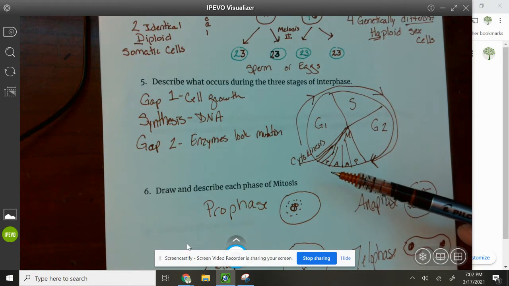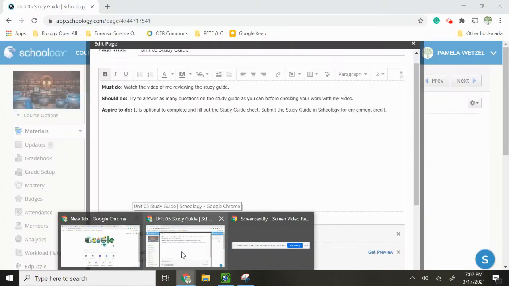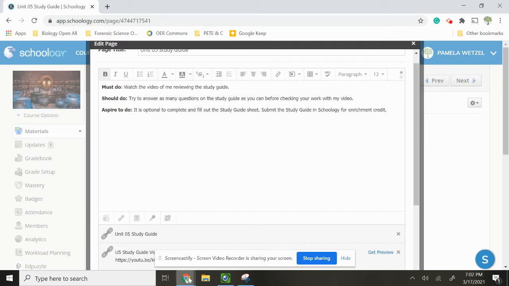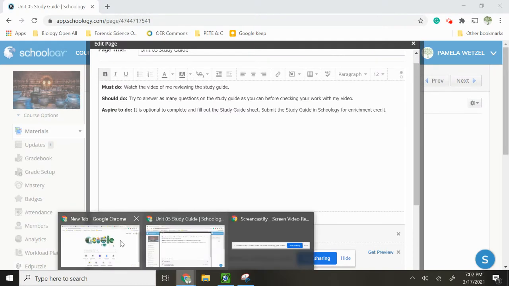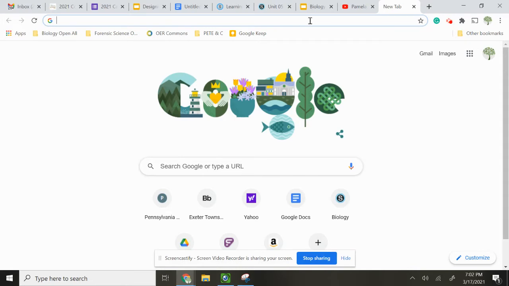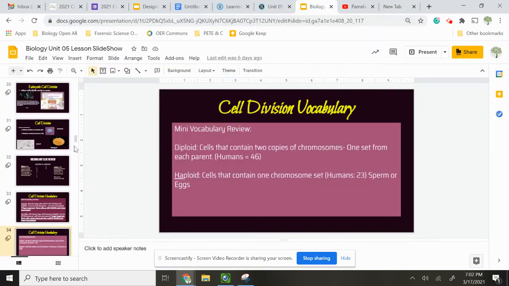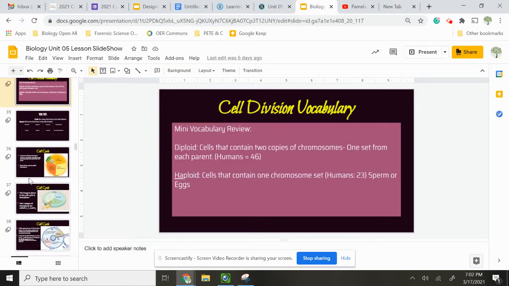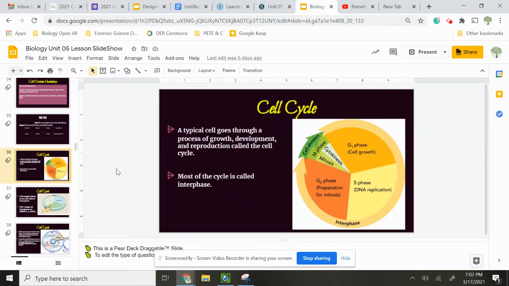Let's take a look at the slideshow really quick. On the slideshow, this can be found in here. Okay, G1, growth, S, DNA replication, G2, mitosis, and then that's interphase.